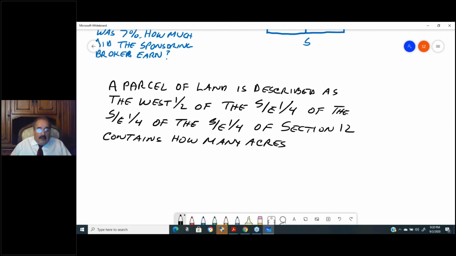Why don't you try to solve that one and see how well you do? Good question. How many square feet in an acre? I'm going to tell you in a moment. A parcel of land described as the west half of the southeast quarter of the southeast quarter of the southeast quarter, Section 12 contains how many acres?